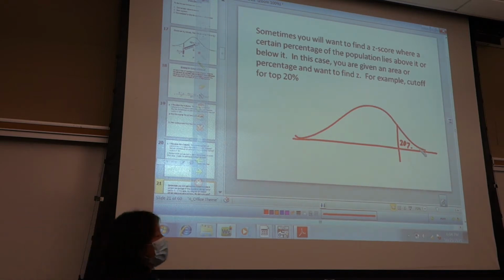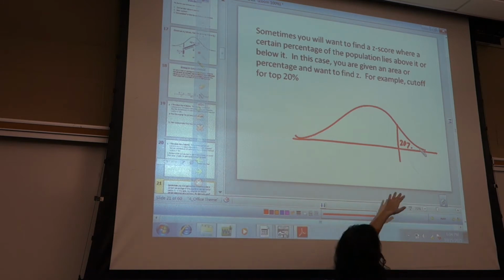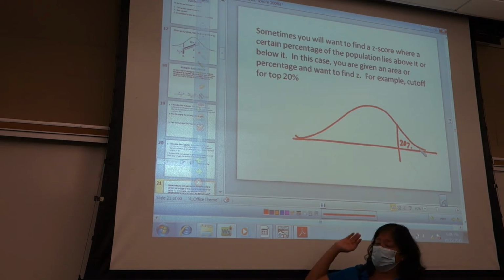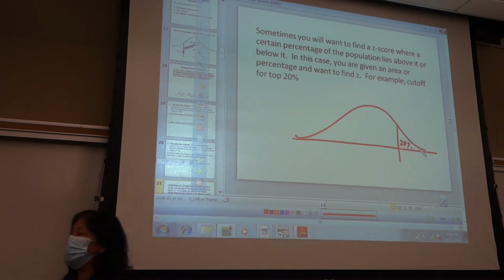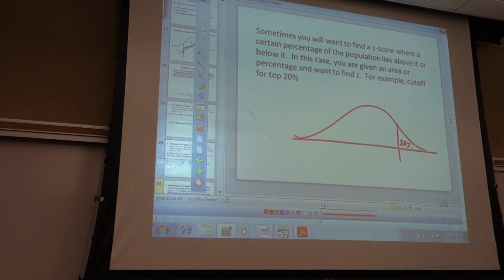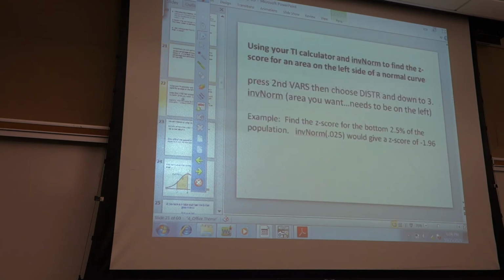So it kind of undoes them. Here, we're going to feed it an area, and we're going to get a z-score. Why? Because a lot of times we want to know, what score do I need to get to be in the top 20%?